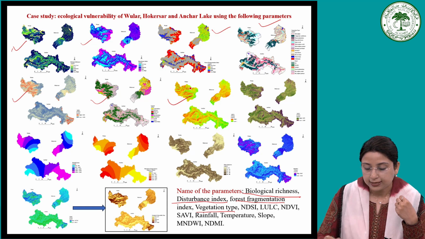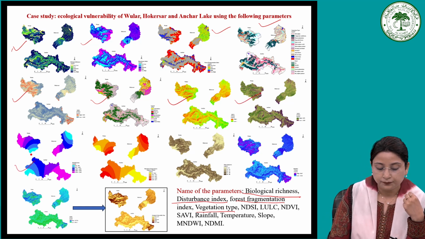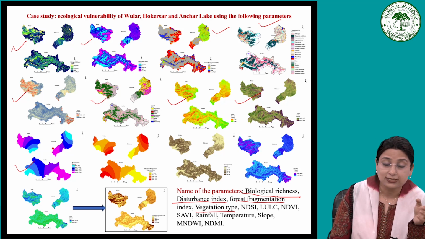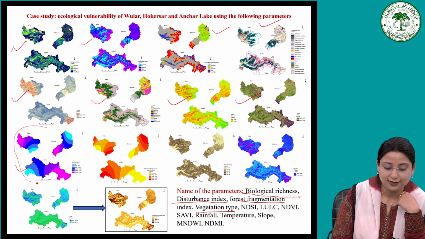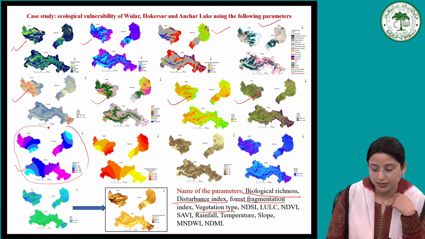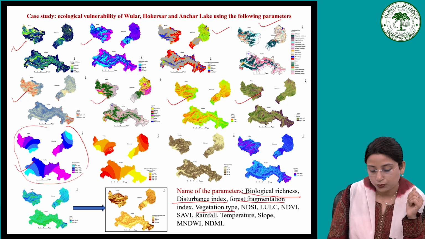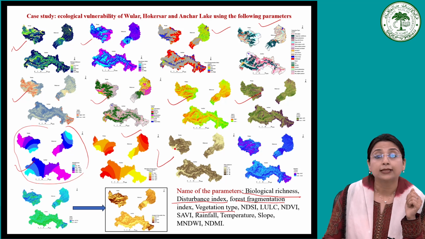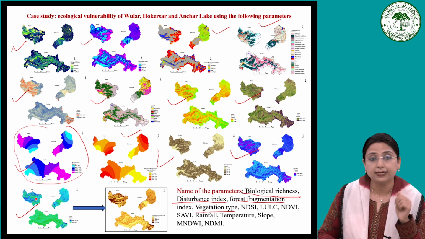vegetation index, then we can take SAVI, then rainfall. Here you can see what I discussed in the previous lecture, that is interpolation. You can see the use of interpolation in rainfall data in order to give a continuous representation. Then we can have the temperature, the slope, the MNDWI, and then the NDMI.